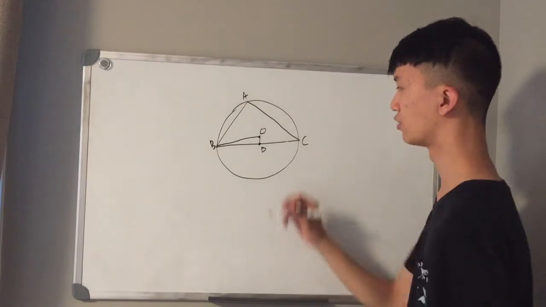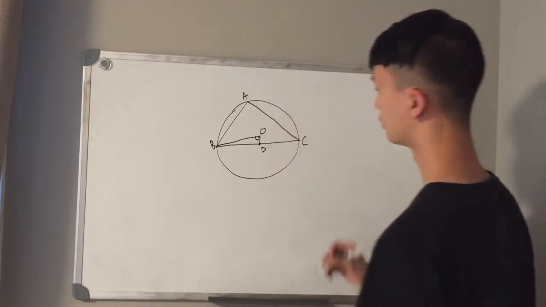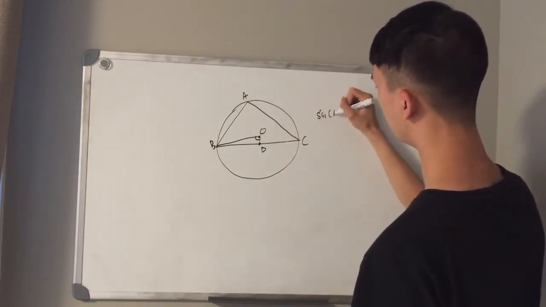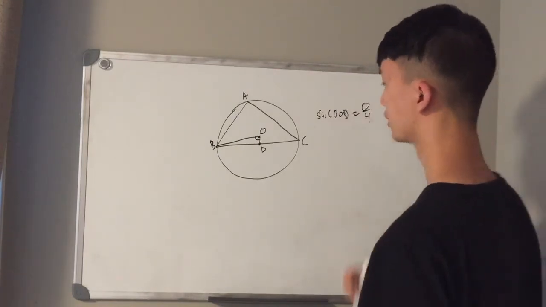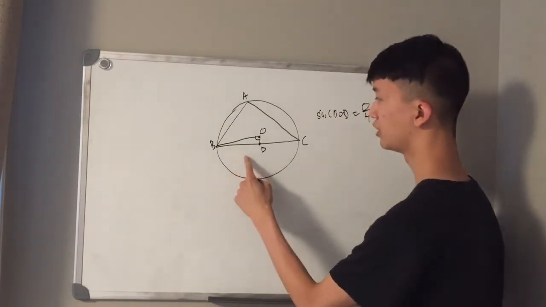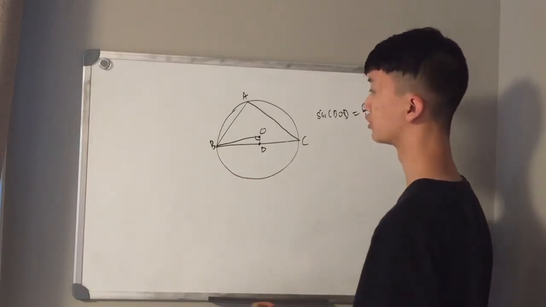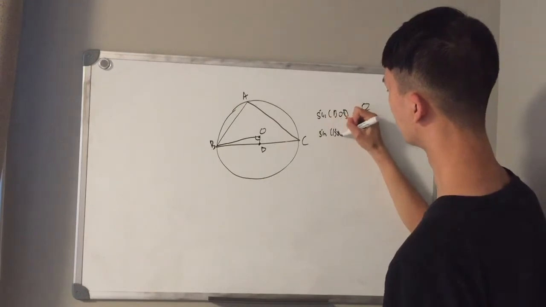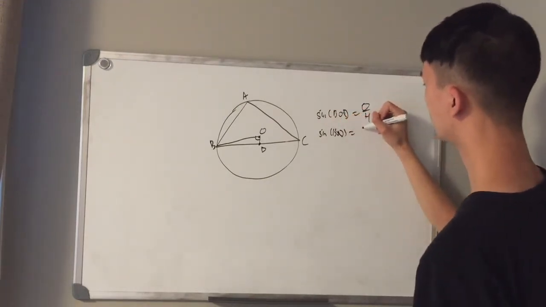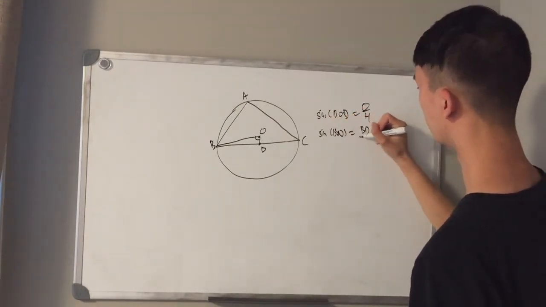Let's consider angle BOD. Now, the sine of BOD is equal to the opposite over the hypotenuse. Now the opposite is equal to BD, while the hypotenuse is equal to BO. So the sine of BOD is equal to BD over BO.